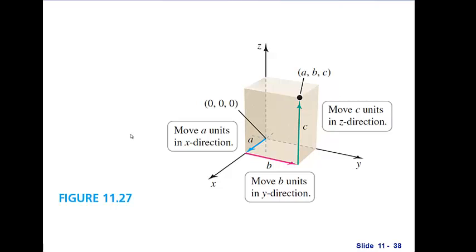An ordered triple (a, b, c) refers to a point in XYZ space that is found by starting at the origin and then moving a units in the x direction, b units in the y direction, and c units in the z direction. With a negative coordinate, you move in the negative direction along the corresponding coordinate axis. Here you can see how to locate a point within the coordinate system.